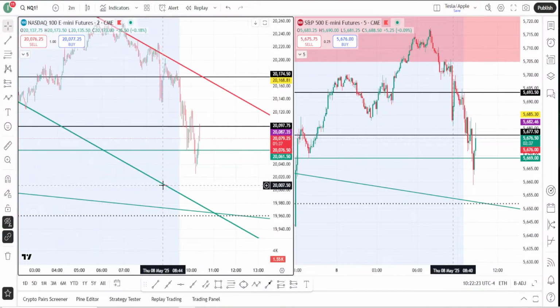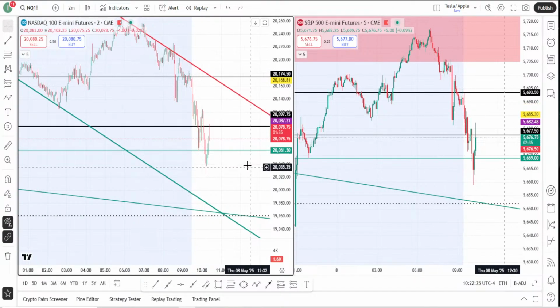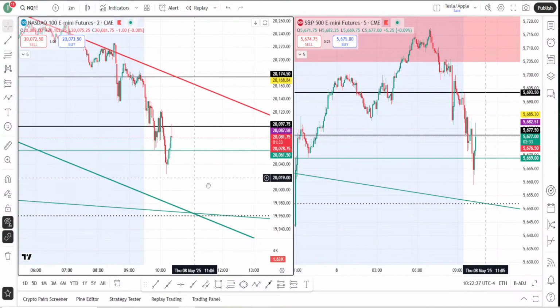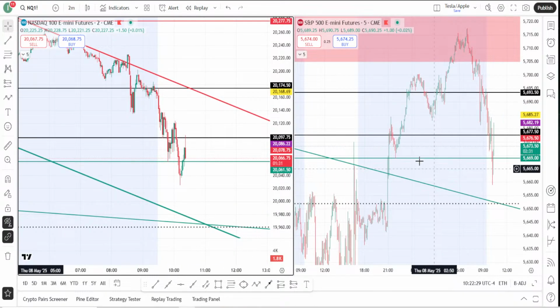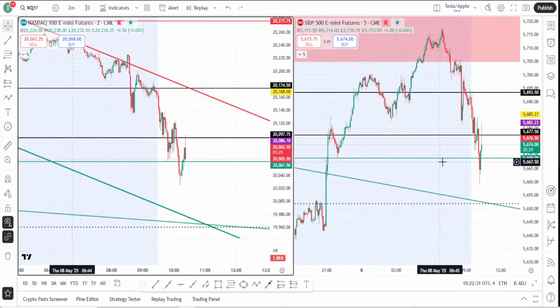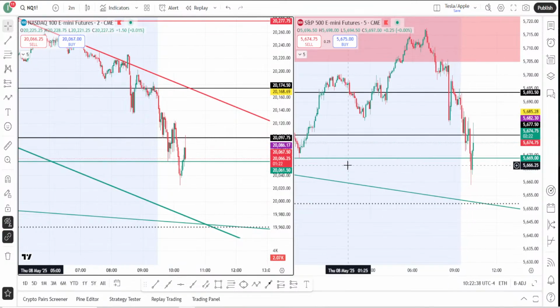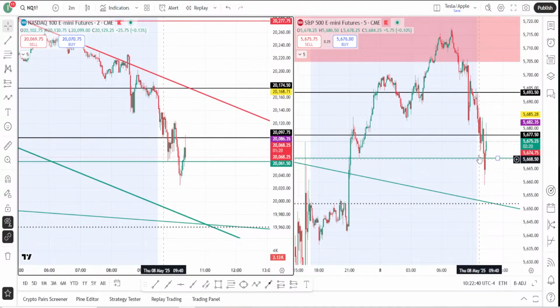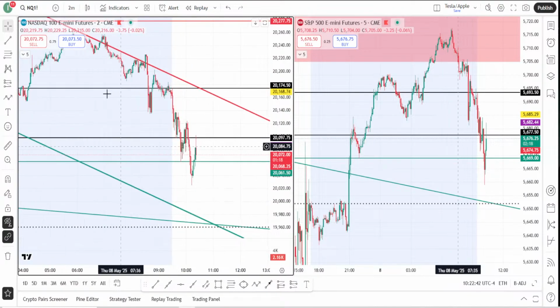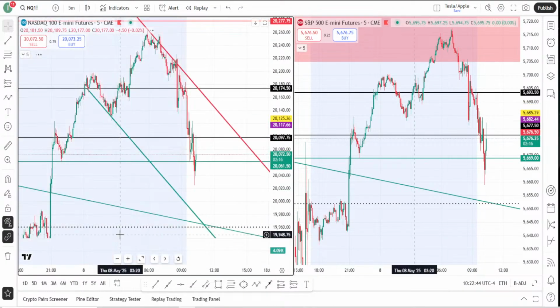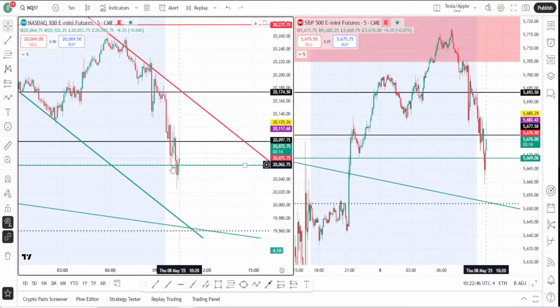Of course, this is kind of going against the trend, but it's because of where I'm seeing these buyers show up. The sellers closed below this support here on the ES and NQ, and then price quickly reversed upon breaking this structure.